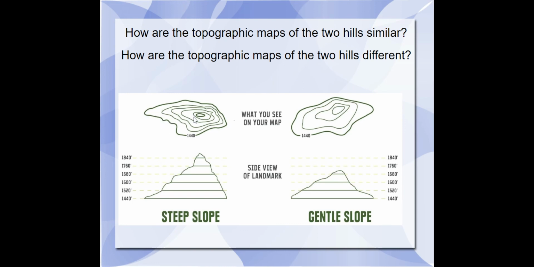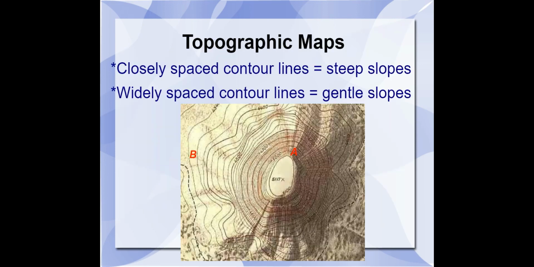There's more area in between them, telling us that the change in elevation happens over a longer distance. With the steep slope, that change in elevation happens over a shorter distance. So from that, we know that the closely spaced contour lines mean steeper slopes, and the widely spaced contour lines mean gentle slopes.